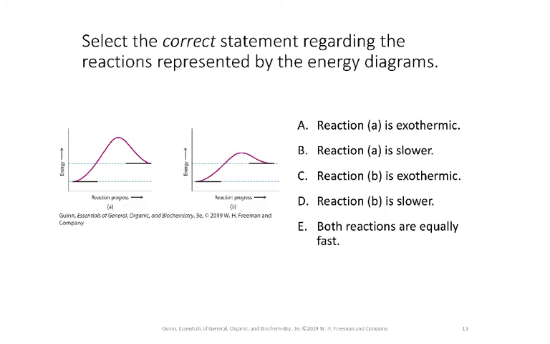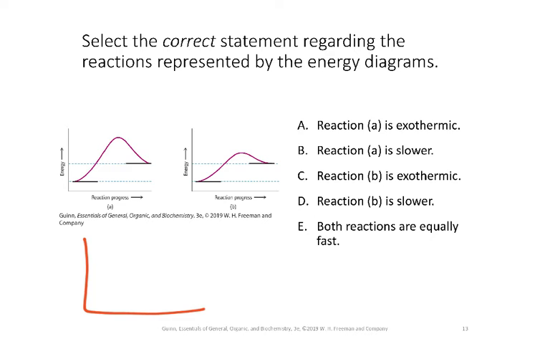Okay, another question for you. Select the correct statement regarding the reactions represented by the energy diagrams here. Read the responses carefully. They're not all about rate necessarily. It's just about the reactions in general. Pause and answer for yourself. Okay, so exothermic means that the products are lower in energy than the reactants.